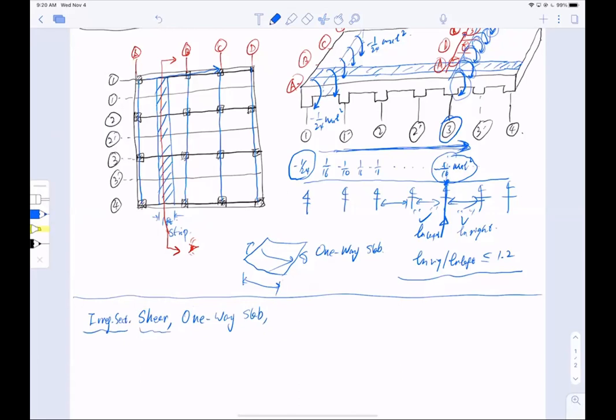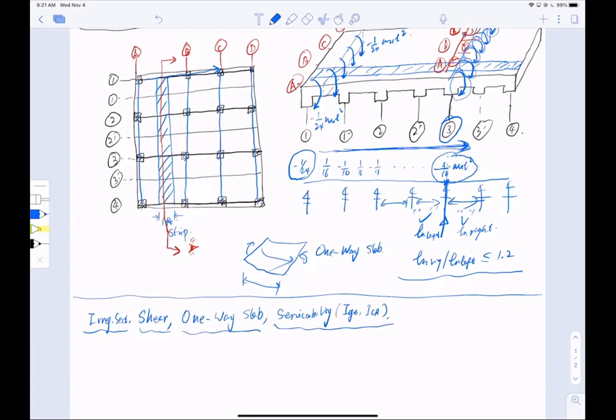Irregular section, shear, one-way slab, and we also talked about serviceability, in terms of Ig, so let me be more general first. Serviceability, that is in terms of Ig and Icr. These are the four main components we have covered so far.